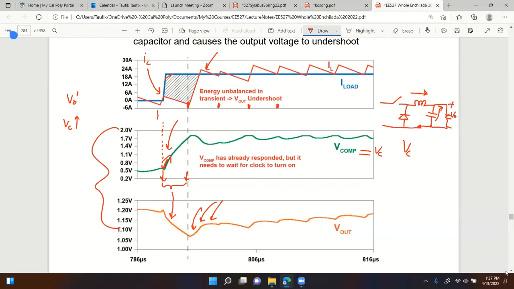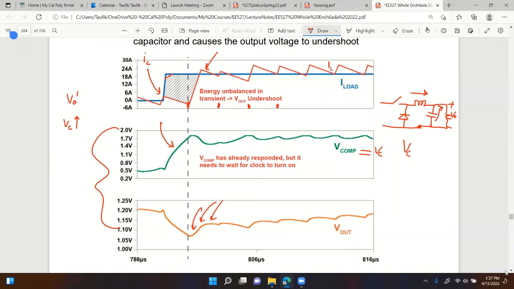And look at how the capacitor is connected to the load. They're in parallel. If the voltage across the cap is going down because it's being forced to discharge, therefore the output voltage also goes down. So you can see the reason why output voltage keeps coming down, even though the controller says, hey, increase duty cycle. But the inductor cannot do that yet. Therefore, the shaded area corresponds to the energy that the capacitor has to provide.